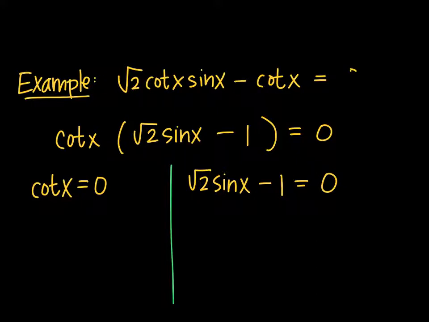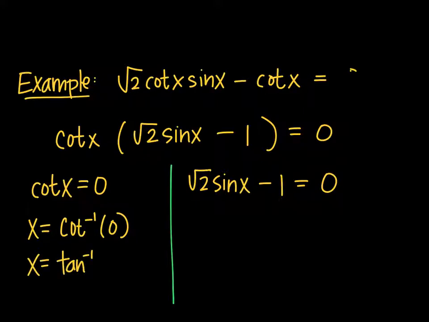All right, so get x alone. Inverse cotangent of 0. How about inverse tangent instead? If we change it to inverse tangent, what do you have to change 0 to? 1 over 0.